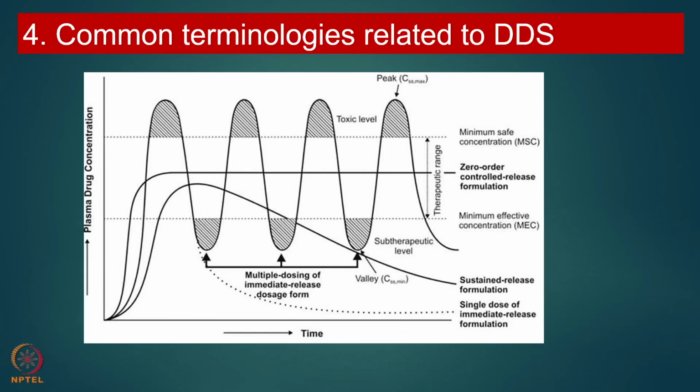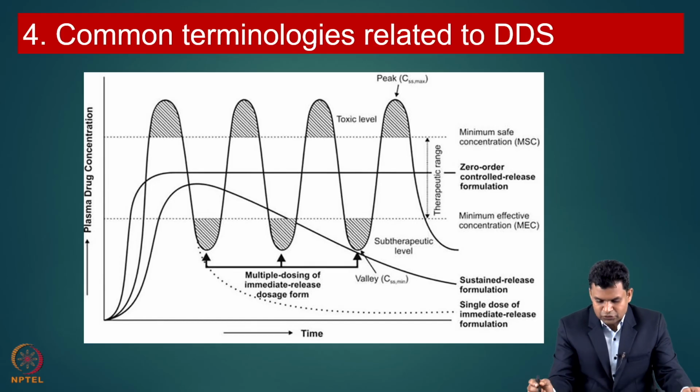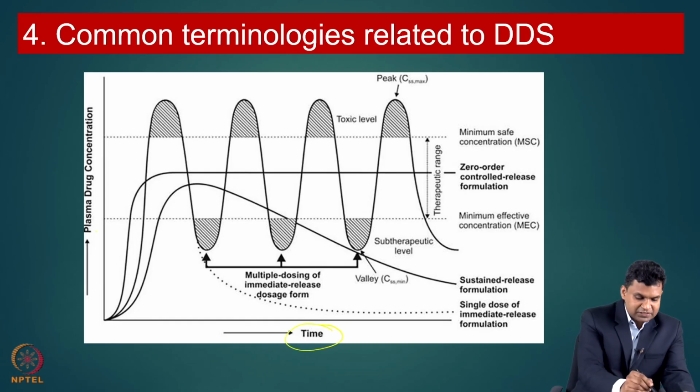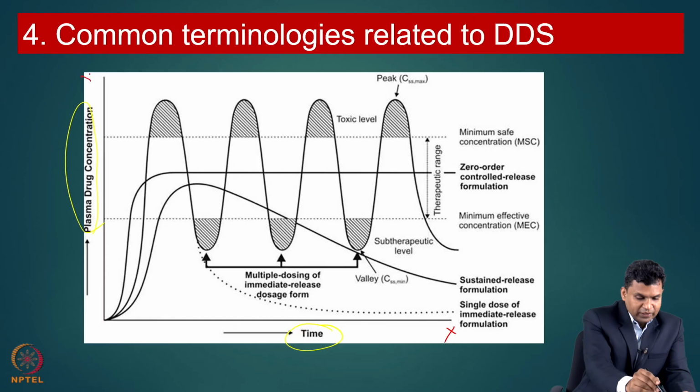Now with this figure you will understand the importance of drug delivery systems. First we need to understand this graph. It is plotted between time and plasma drug concentration, with time on the x axis and concentration on the y axis.